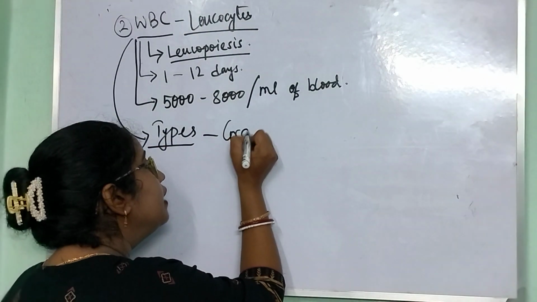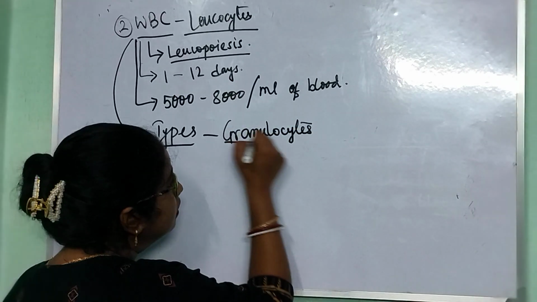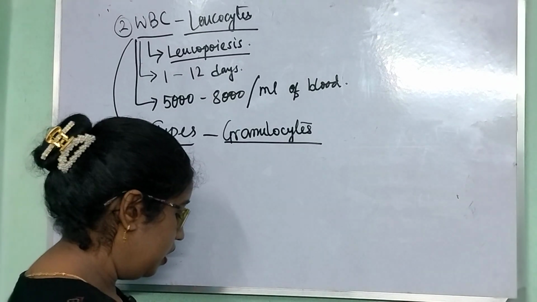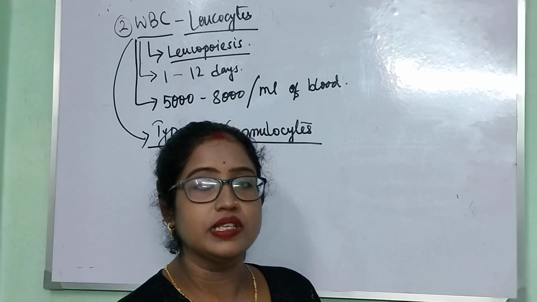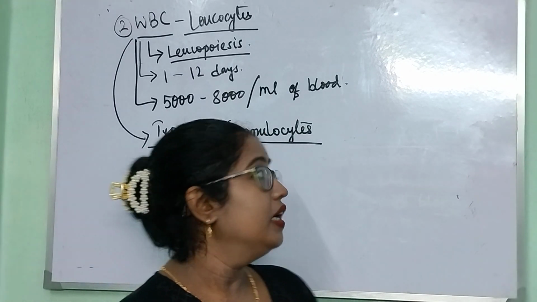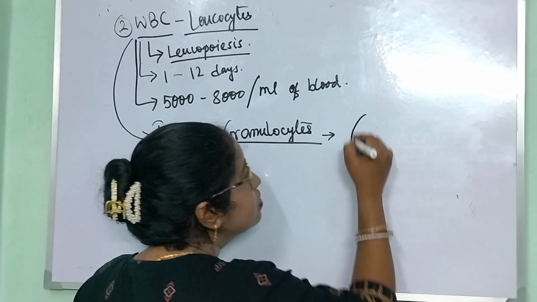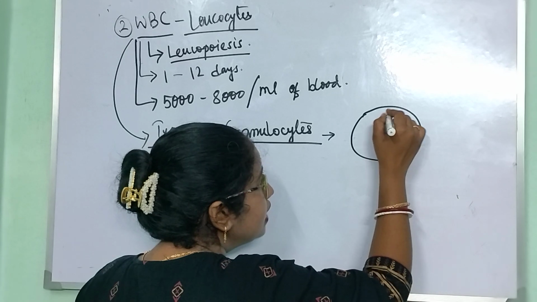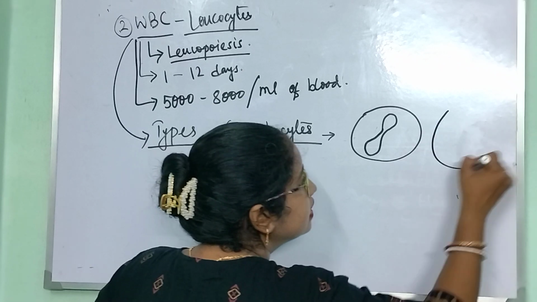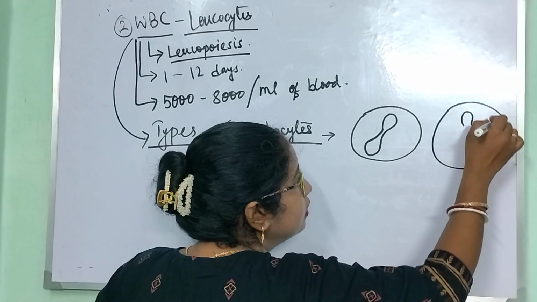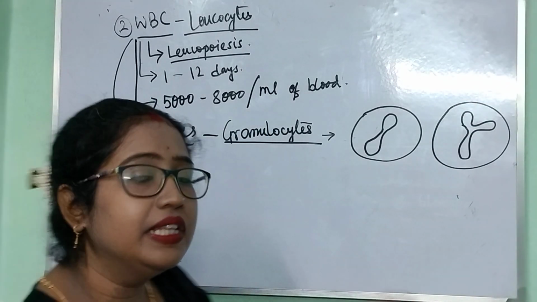First one is granulocytes. Granulocyte means those type of WBCs that have granules in their cytoplasm. These granulocytes have a dome-shaped nucleus, either this kind or this type of dome-shaped nucleus present in their structure.